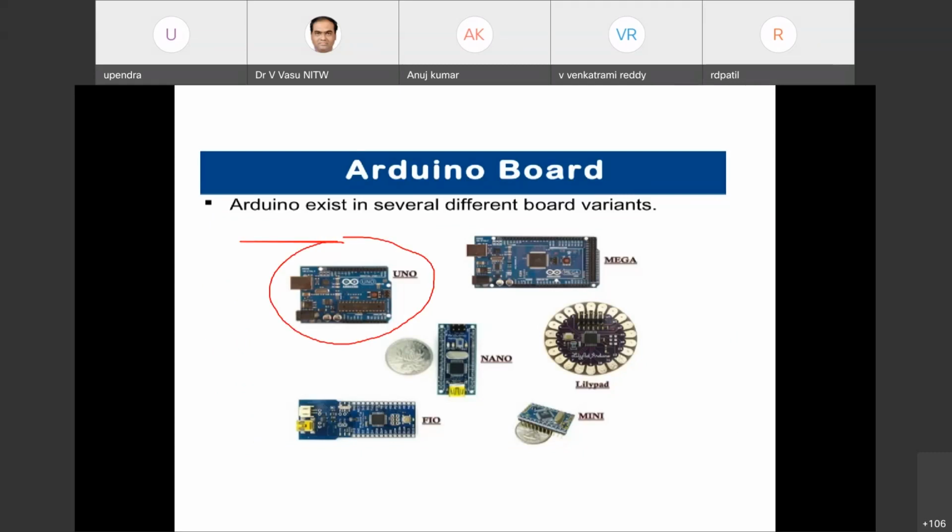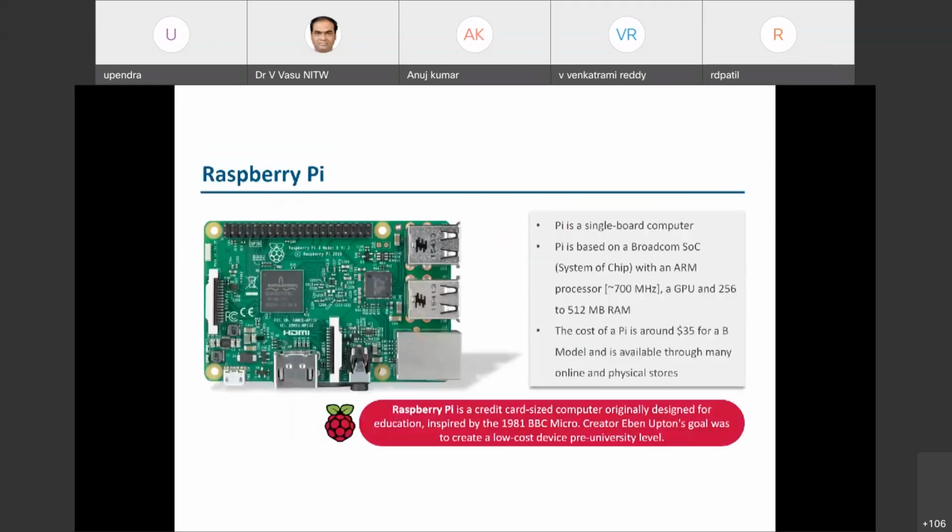Your microcontroller and your signal processing are built into one small chip, and that is used for your applications. For your IoT applications, these small boards are available where you can plug and play, connect different sensors, and automatically go further.